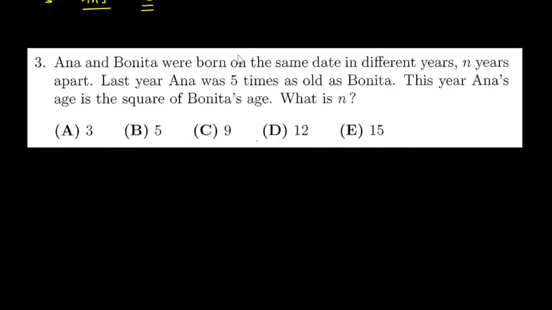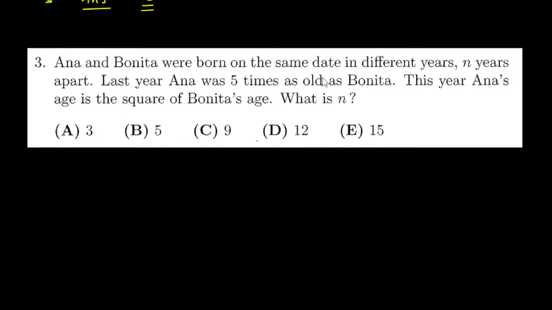Once again, read the question. Anna and Bonita were born on the same date in different years, n years apart. So the age difference between Anna and Bonita will be n years, and this will continue every year. If I look 5 years from now, the difference between their ages is still going to be n.